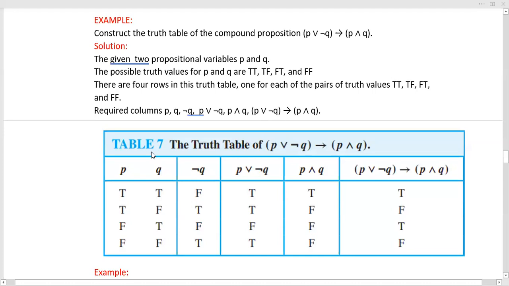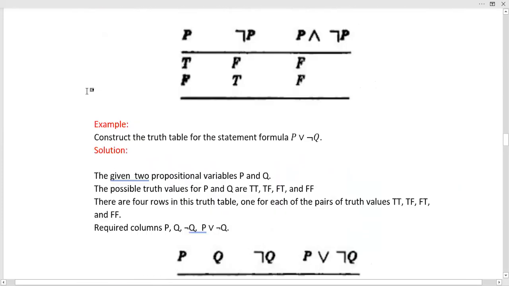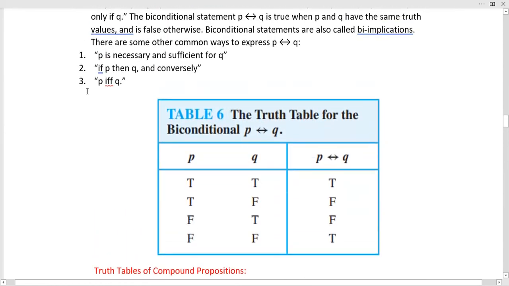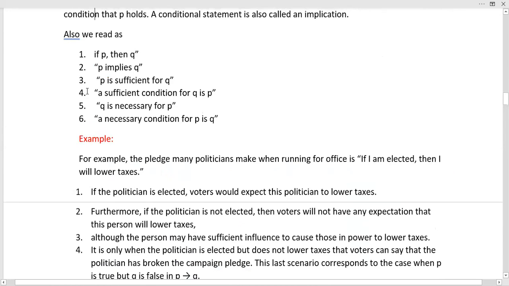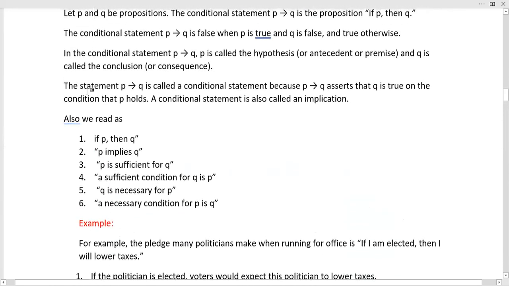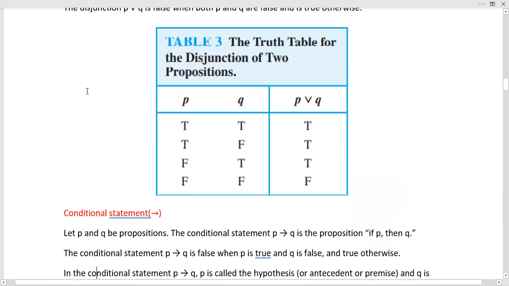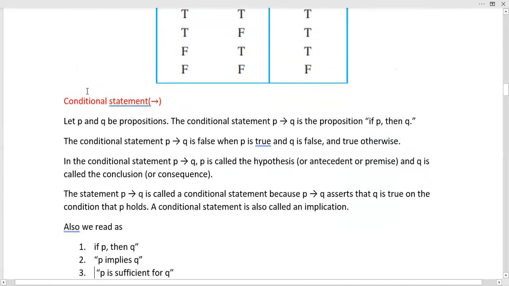See, you asked about the conditional statement. This is the conditional statement. Conditional statement means this one-sided, right-side arrow. Let P and Q be propositions.